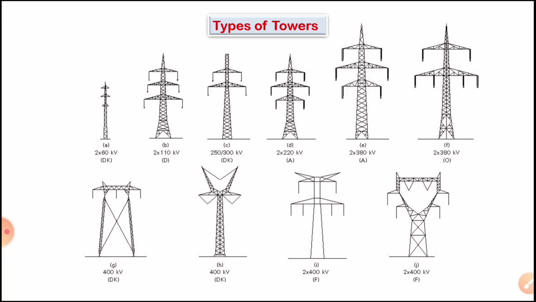Up to 33 kV, we can use poles: PSC poles, LT poles, 11 kV poles, and for 33 kV we can use PSC poles, rail poles, steel poles. Beyond 33 kV, whether 66 kV, 132 kV, 220 kV, 400 kV or 765 kV, and further, 600 kV HVDC, we use towers.